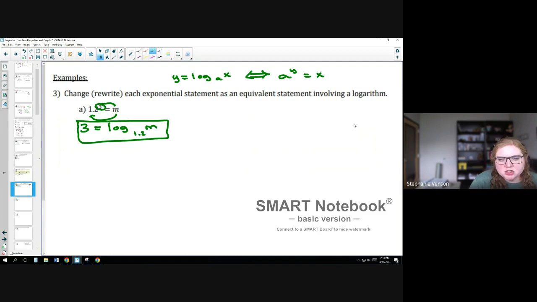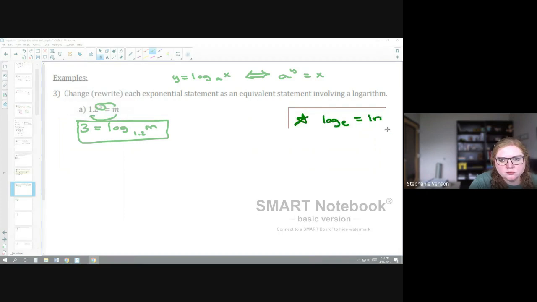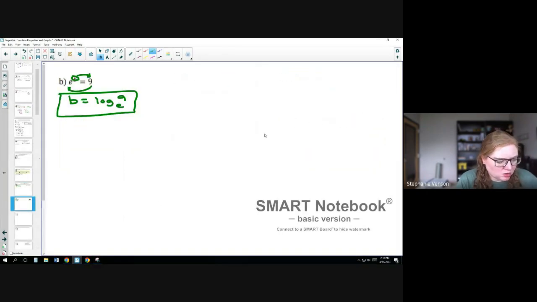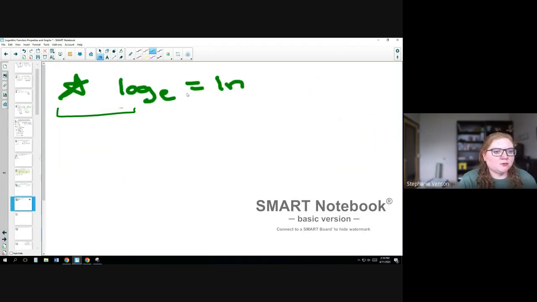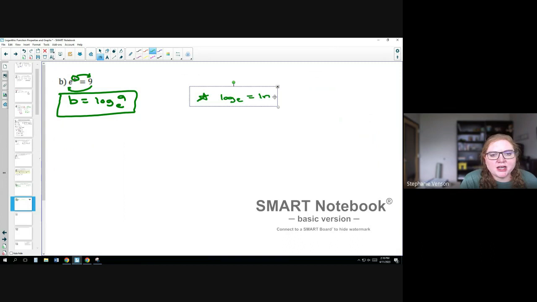Log base e is so important that it has a special name. Log base e can also be written as natural log. Log base e is the same thing as the natural log.